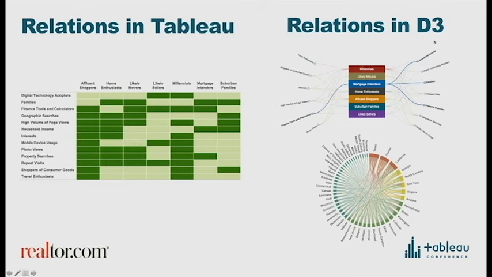However, if you do it in D3, you can have even more choices. For example, you can establish a connection physically between the related items, or you can incorporate something more visually compelling like this chord diagram.